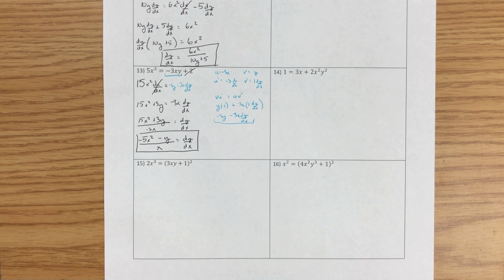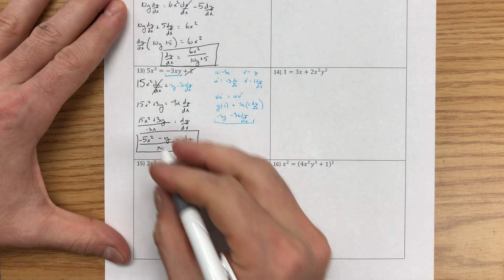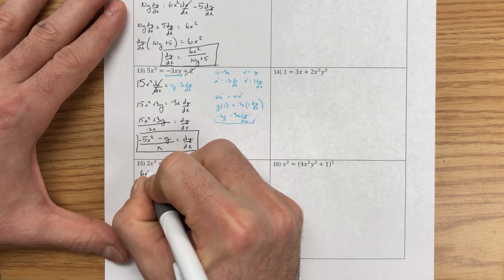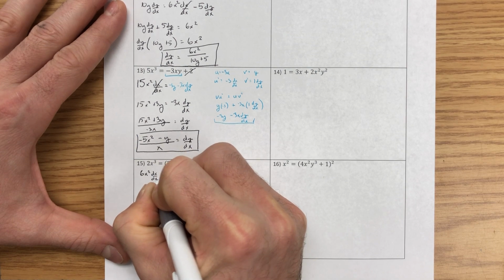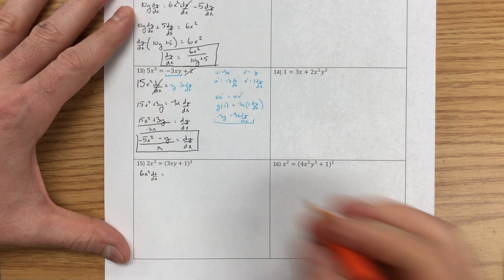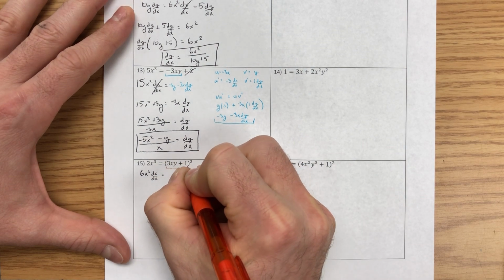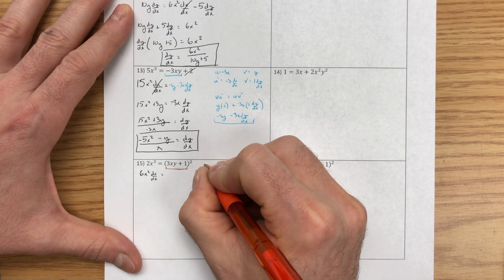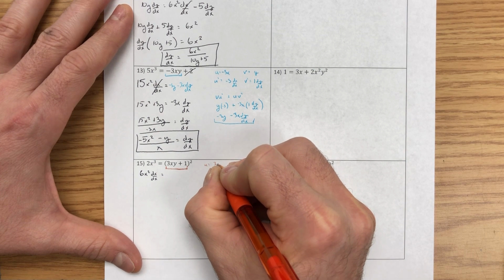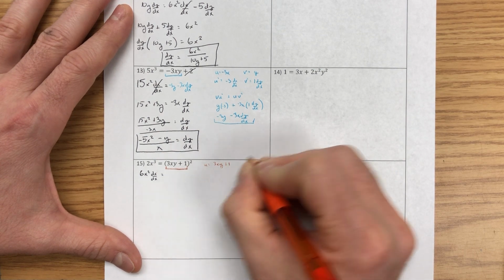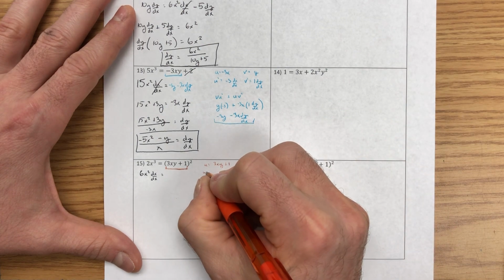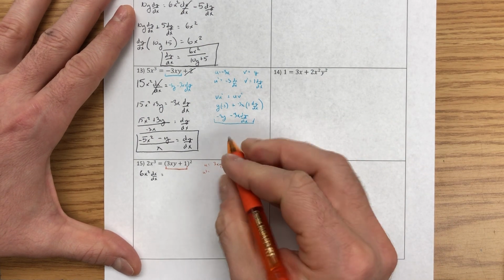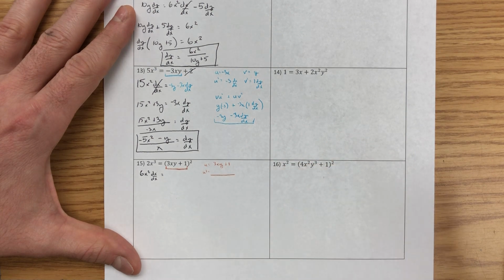So the first thing, what we're going to have to do, first part's not a big deal. That's going to be a 6x squared dx over dx. Now this, I'm going to have to use a little bit of the chain rule. So I'm going to let u be 3xy plus 1, which means u prime, I'm going to have to go and do a second.